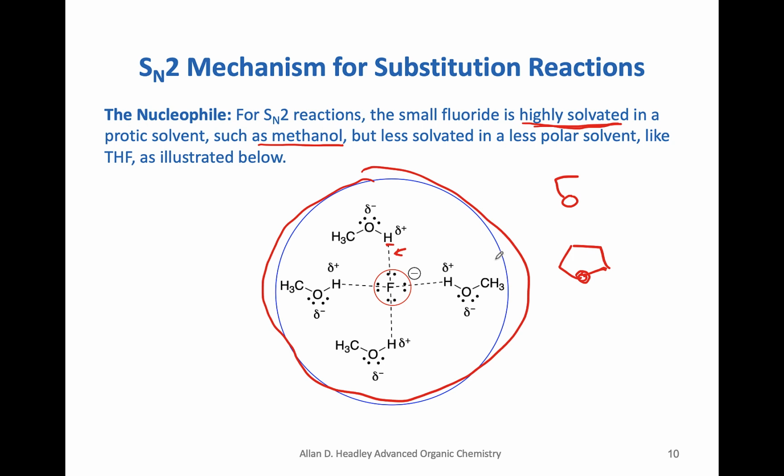So in an aprotic solvent, this is not solvated as much. Therefore, the effective size of this fluoride ion is much smaller. So you can see here that the fluoride anion in an aprotic solvent is a better nucleophile compared to in a polar protic solvent. So the solvent for the SN2 reaction makes a big difference compared to that of the SN1 reaction.